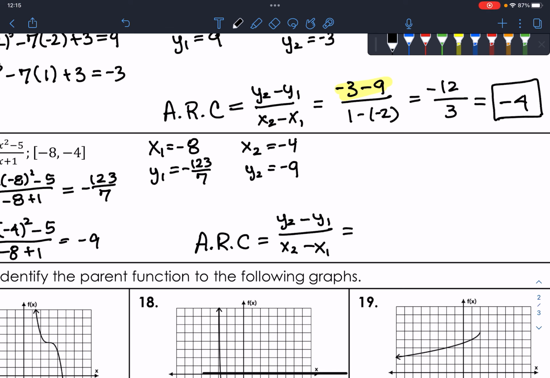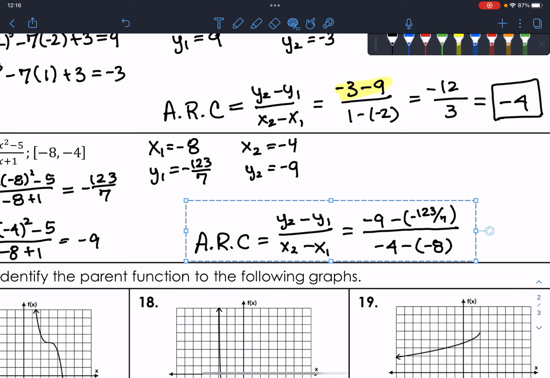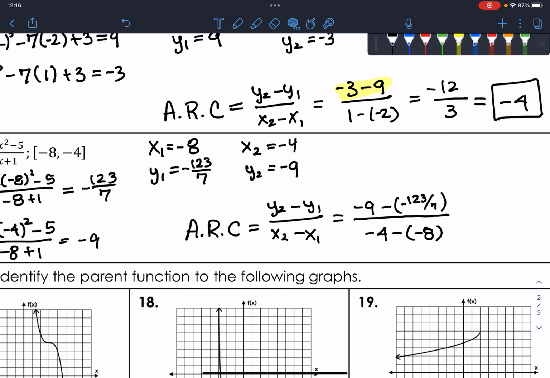So getting negative 9 and subtracting negative 123 over 7, divided by negative 4 minus negative 8. Now, remember, subtracting a negative is the equivalent of adding.